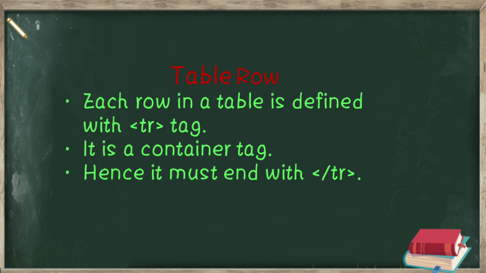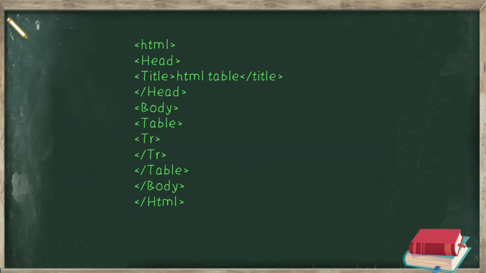Okay, children. Next, I have shown here an example again: HTML, head, title, close head, body, table, tr, close table, close body, and then close HTML. In order to create a table, first I have given an HTML tag, a head tag, and within the head tag a title tag.